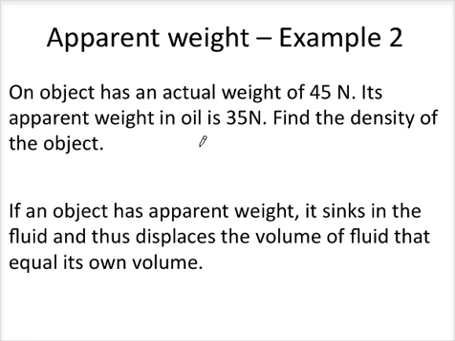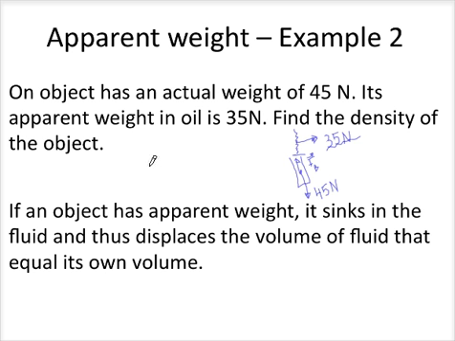So let's say if an object has apparent weight, then obviously it sinks. Because when we weigh something, let's say this is our indication of 35 newtons, which means that our object has 45 newtons of actual weight going down, and some buoyant force, I apologize, some buoyant force going up, and our scale is showing 35 newtons.